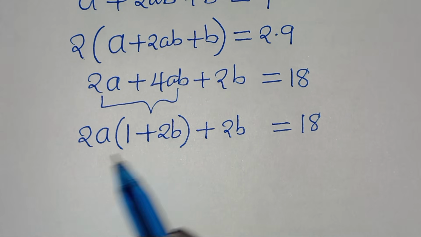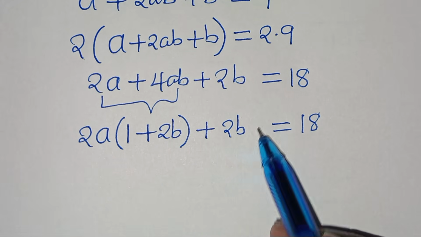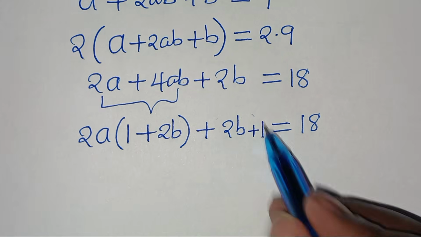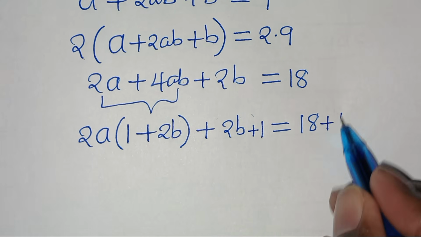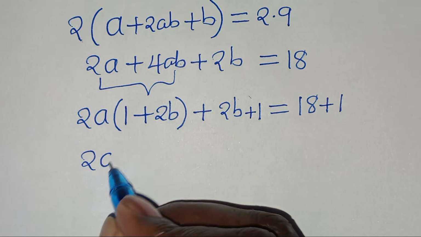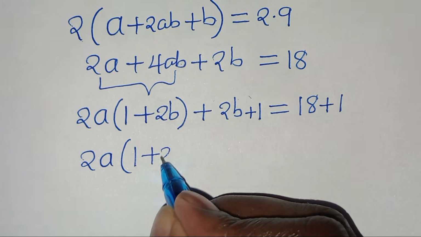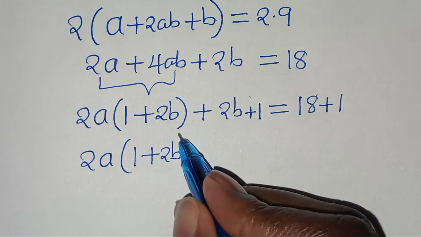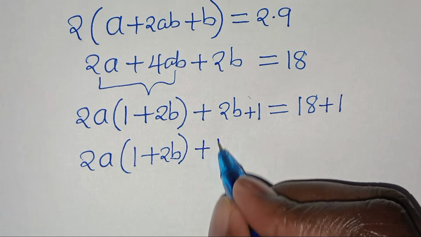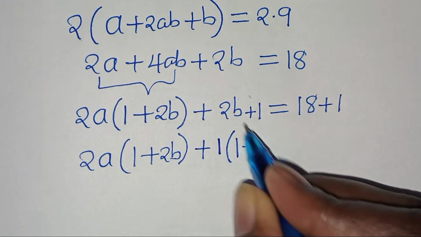Now in order to factor 1 plus 2b, we need to add 1 here, and if we add 1 here, we also need to add 1 on the right hand side. So this means we have 2a times (1 plus 2b), then plus, now 1 is common here, we can factor out 1, so that here we have 1 plus 2b.